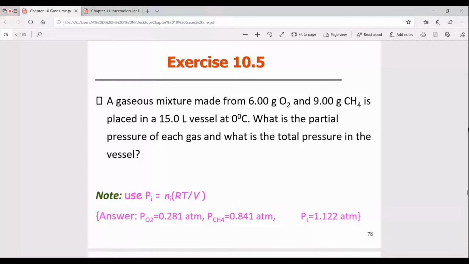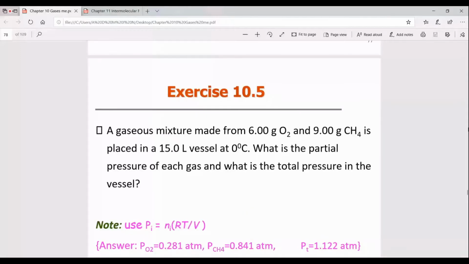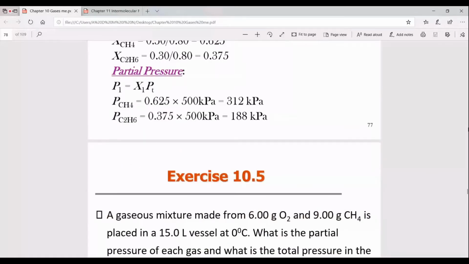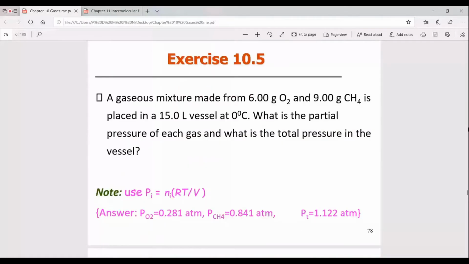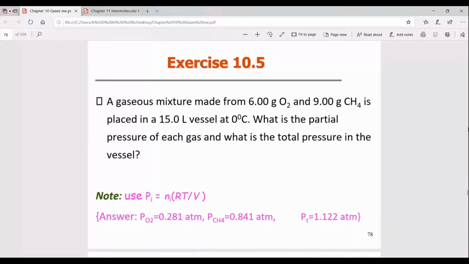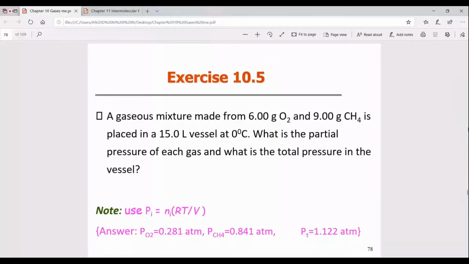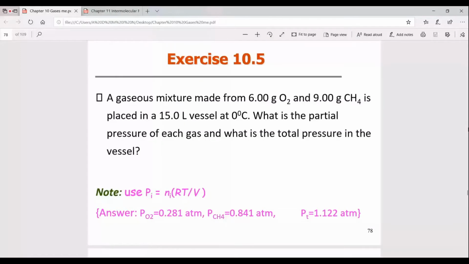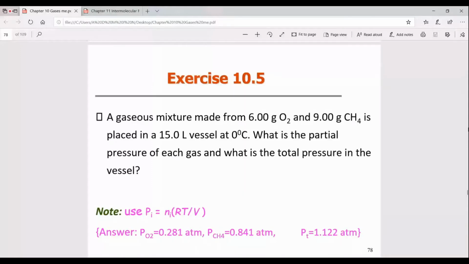Last week, I asked you to do exercise 10.5. Have you done it? If you have done exercise 10.5 and 10.6, the answer is provided here. I discussed with you.